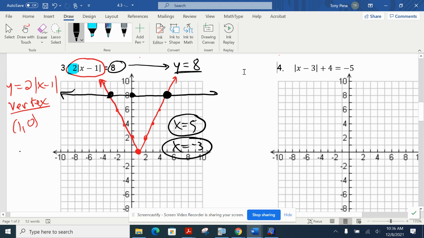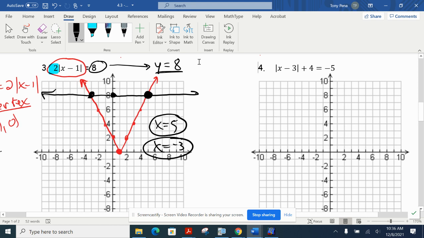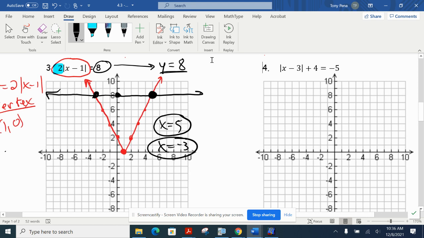All right, last one then, and then we'll go to the next page. Do this guy, see what we think. Then we'll see who can think a little bit here. So graph that one, same exact process. Plot the vertex, do the slopes, graph the horizontal line.